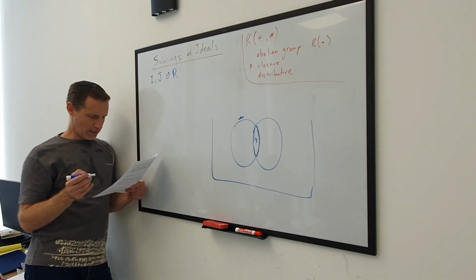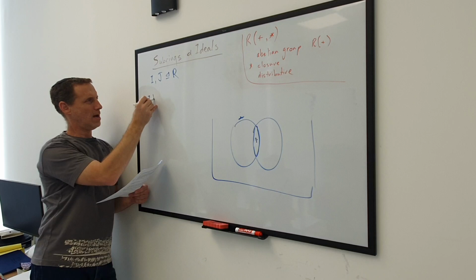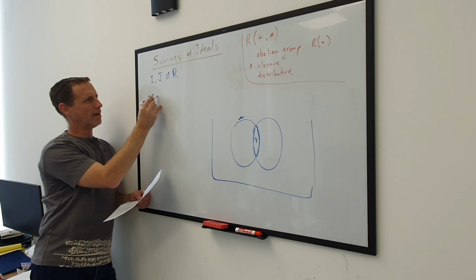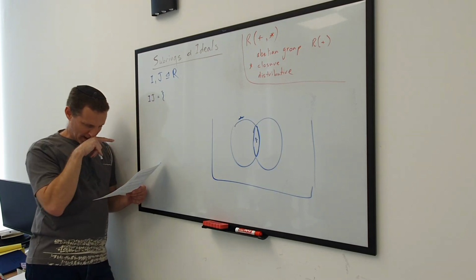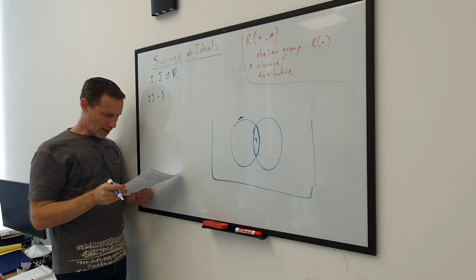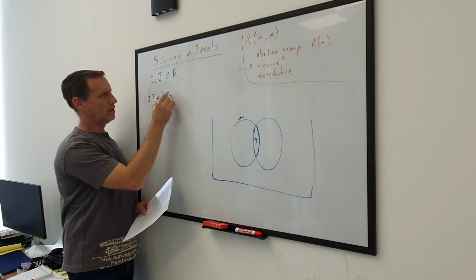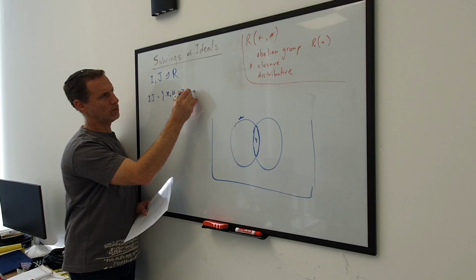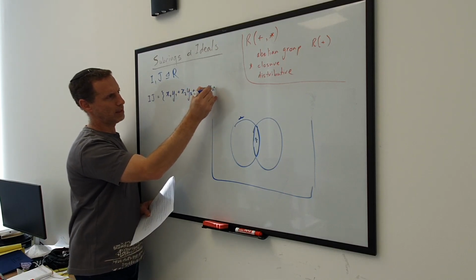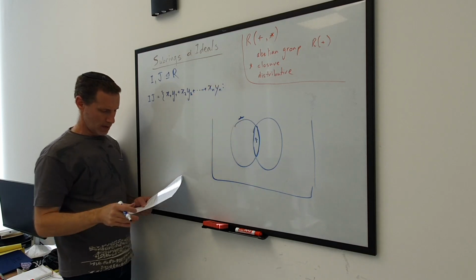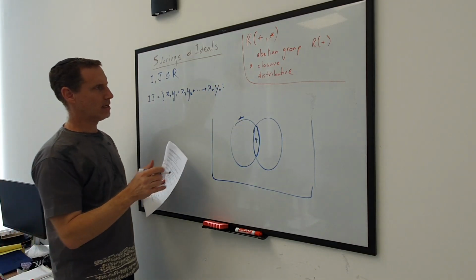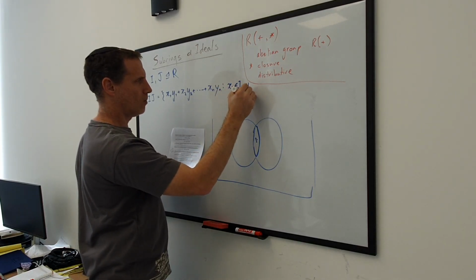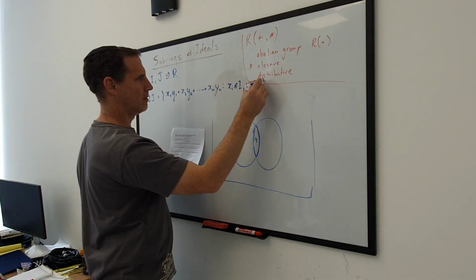We'll define an ideal product as IJ, and we'll define it like this: x1 y1 plus x2 y2 plus ... plus xn yn, such that xi belongs to I and yi belongs to J. So it's slightly different.